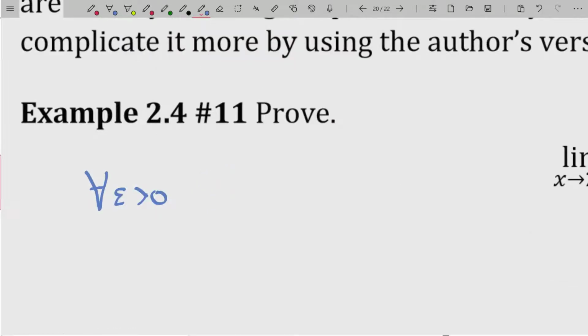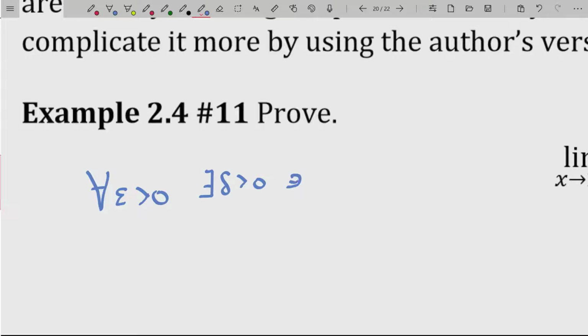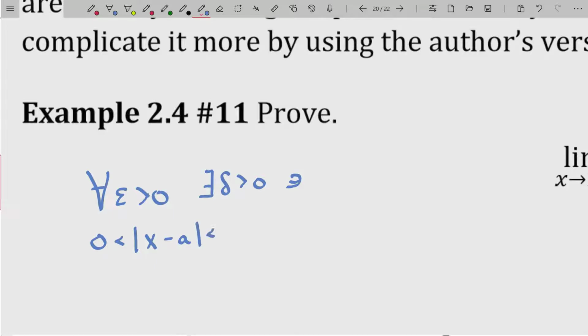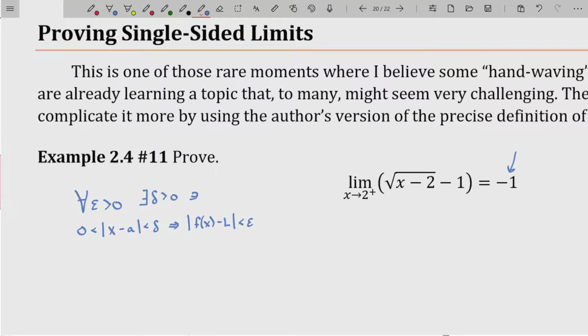You should be able to find a delta neighborhood centered at x equals 2 in this case, such that as long as the distance between x and your center at 2 is less than delta, that should imply the distance between your function and the limit will be less than epsilon. So again, this actually doesn't look any different than all other epsilon delta proofs. In fact, it's just as easy as the linear ones.